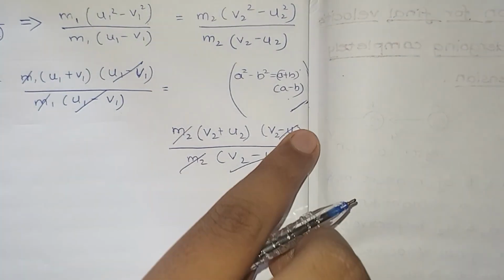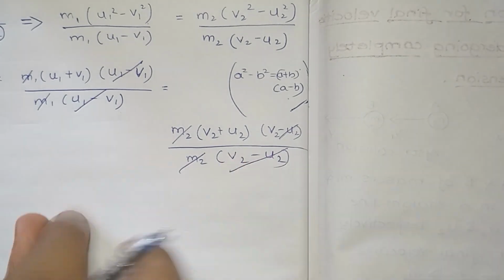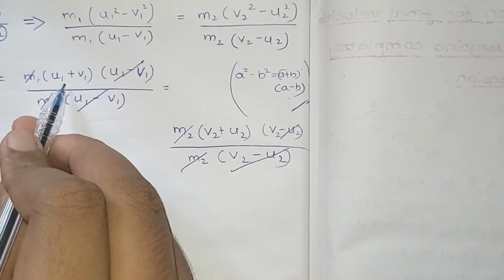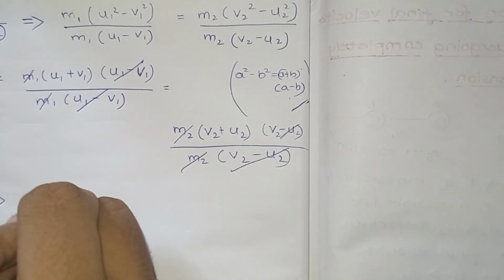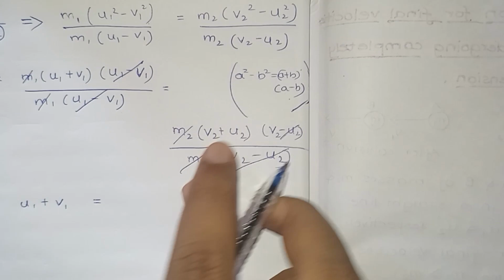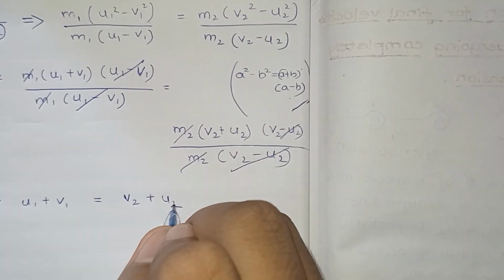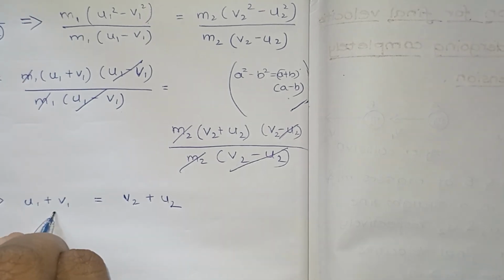Here we can cancel out m1, and u1 minus v1 on both sides. On the right hand side m2 and v2 minus u2 can be cancelled. So what remains is u1 plus v1 is equal to v2 plus u2.